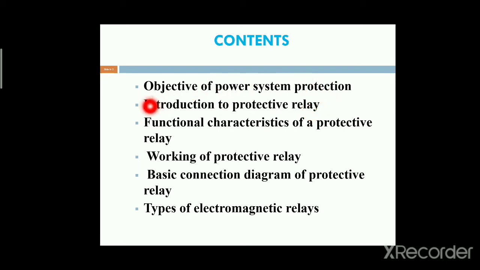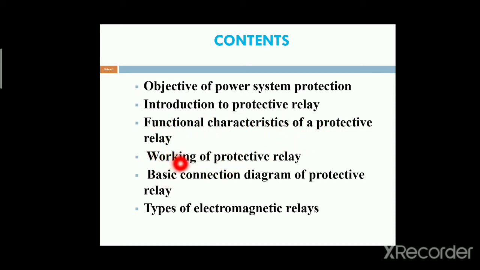That will be covered in the introduction to the protective relay. Next is the functional characteristics of a protective relay. What characteristics a protective relay should have will be explained in this topic.